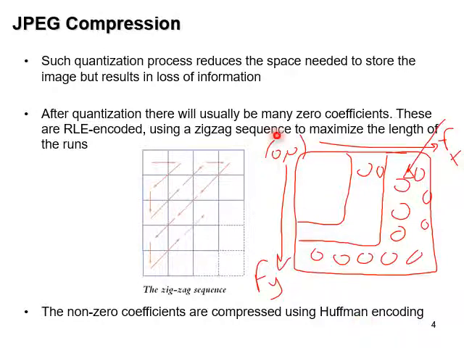So you're using Huffman coding, and you're using run length encoding. Both cause a reduction in the number of bits needed, and before that you are also doing the quantization step that will also reduce the number of bits needed. So this is the main idea of JPEG compression.